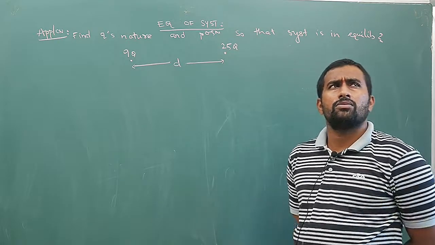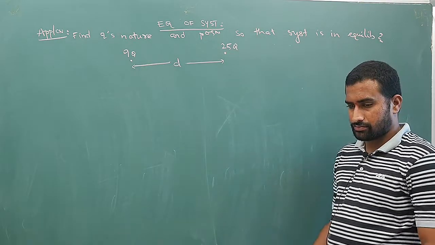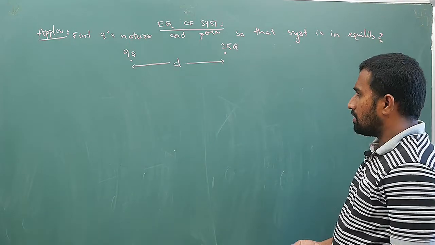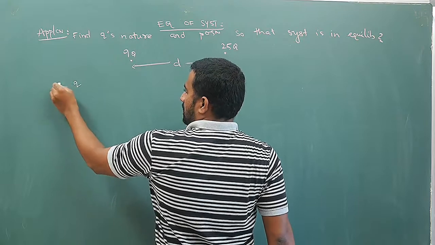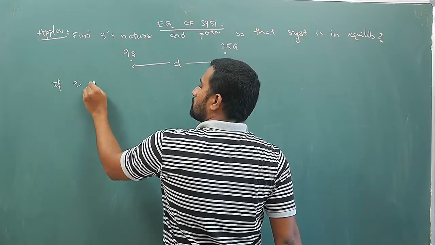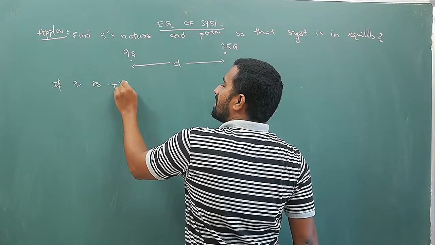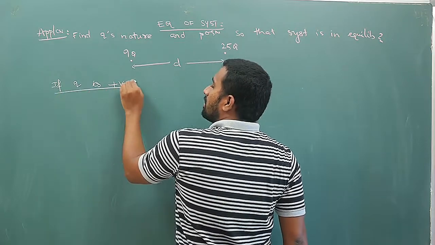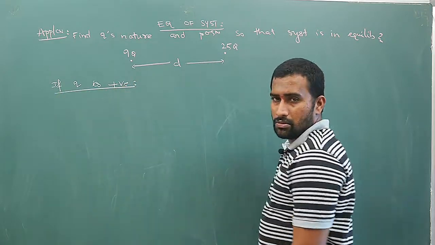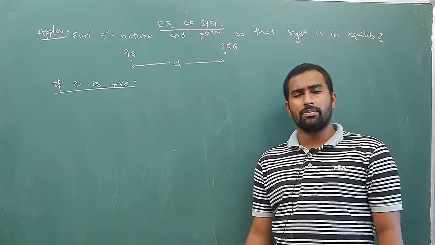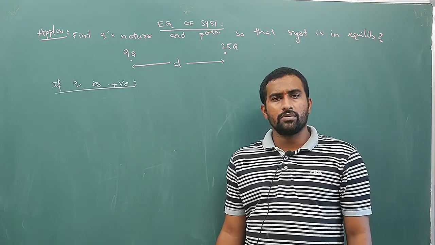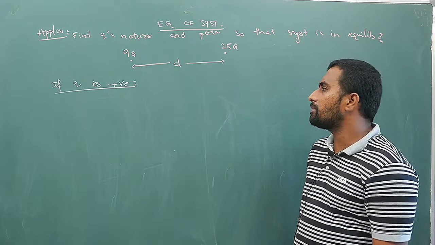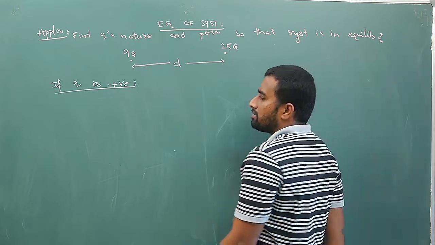All right, now observe very carefully. If q is positive, before doing anything, always look at the logical aspect of it. Don't just try to mug up any relation or formulas. Look into the logical part, look at the position and signs, and then give the answer.